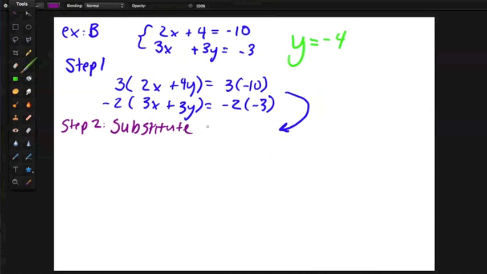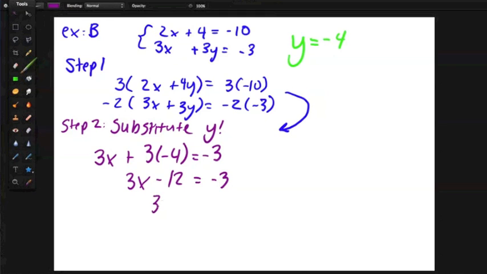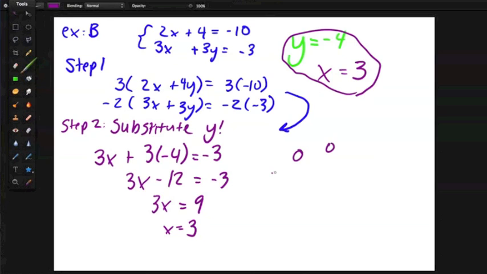So I substitute y for negative 4. I get 3x plus 3 times negative 4 equals negative 3. And I'm left with x equals 3. Once you do all the math, you all know how to do that. It's basic. And you're left with y equals negative 4 and x equals 3 through elimination. There you go.